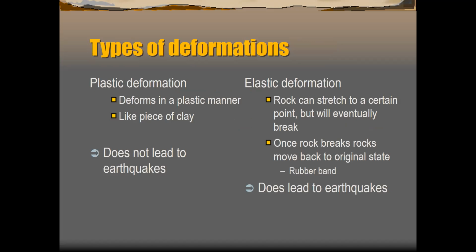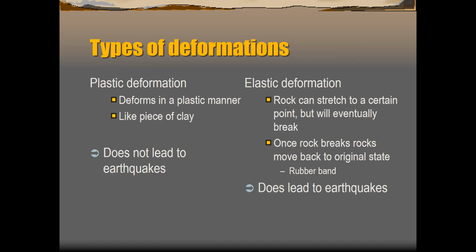Now, there are different types of deformation. There's plastic deformation and elastic deformation. Plastic deforms in a plastic manner. Remember, we talked about the asthenosphere, the second layer, as being a plastic layer, that slow moving solid. Think if you've ever worked with real clay. You can kind of move it. It doesn't break.